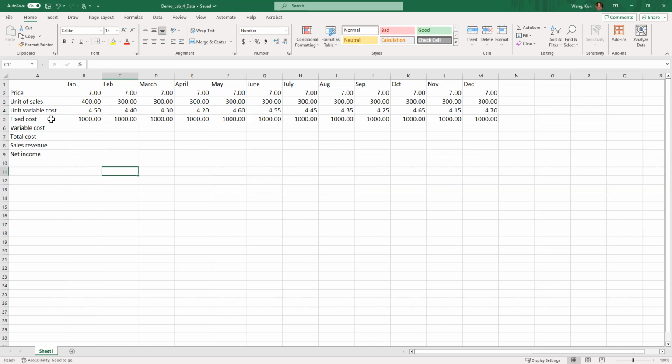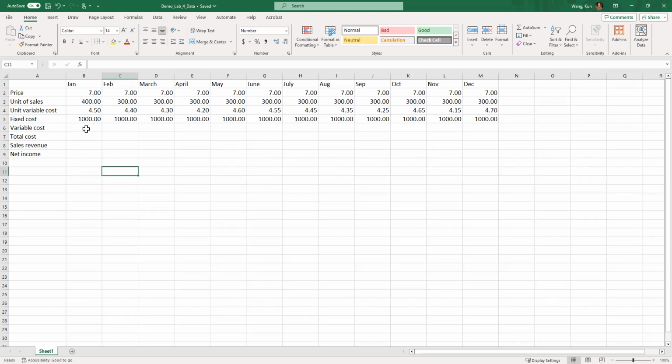The fixed cost is a constant cost in the accounting period. It wouldn't change, so we don't express it per unit. But the unit variable cost can vary. You can see we have a different variable cost per month, but the fixed cost is constant.